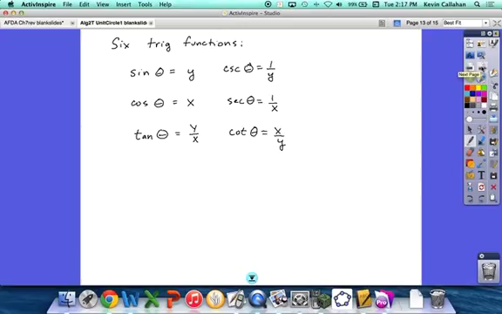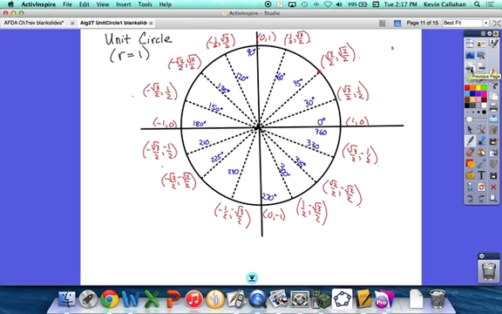Okay, now that we have our unit circle, we can talk about the values of these 6 trig functions. The value of the sine of the angle is y, right? So if I go back to my unit circle, because the sine is the y coordinate, I would say that the sine of 30 degrees is 1/2, right?